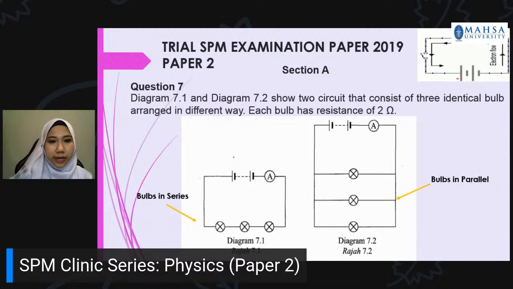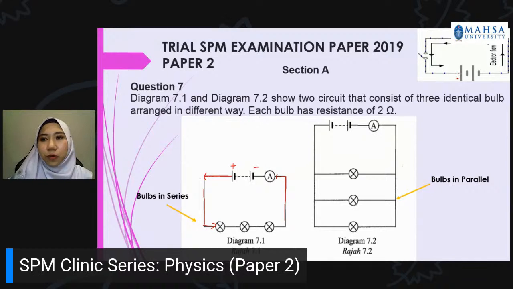in your circuit. Basically, you have your battery. This is your positive terminal, and this is your negative terminal. Remember that the current always flows from the positive terminal to the negative terminal. That is the basic concept you need to understand.